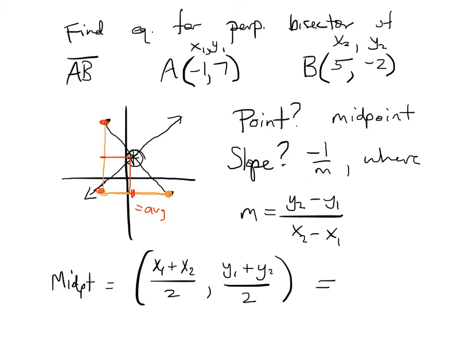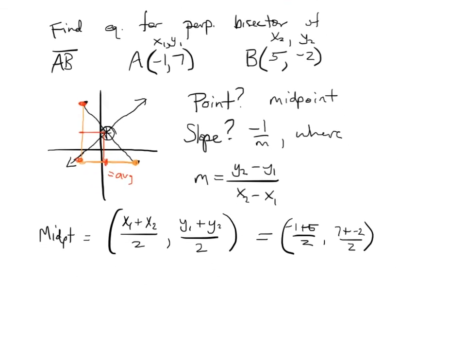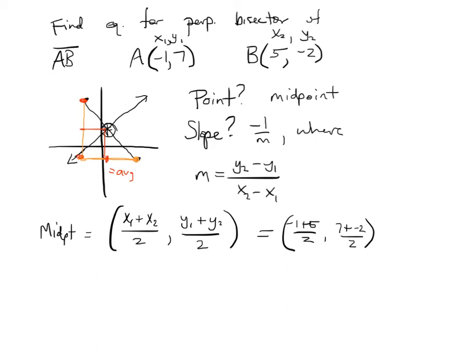So, negative 1 plus 5 over 2, comma, 7 plus negative 2 over 2, which is 2, comma, 5 over 2, which is 2.5. So we'll call it 5 halves.